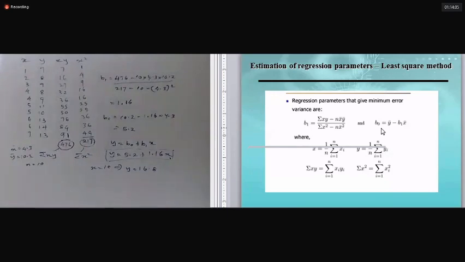Now, for example, for x equals 3, what is the value of y? Can someone quickly calculate and tell me what is the value of y when x is equal to 3?